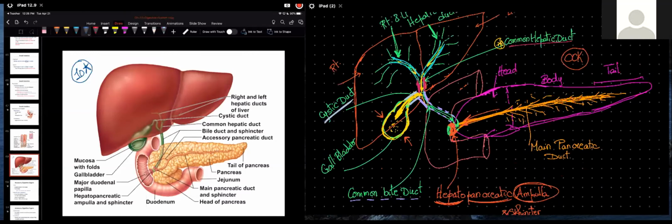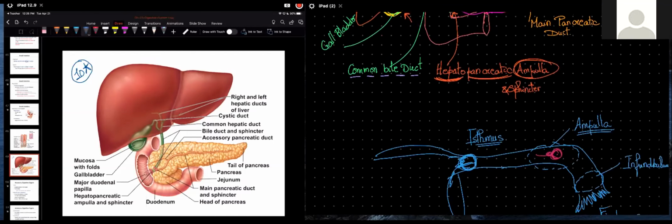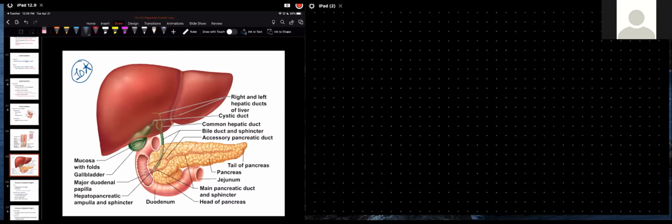All right, so this is the most important. If I'm picking only one diagram, but this is not real, you're going to have many diagrams from the digestive system.